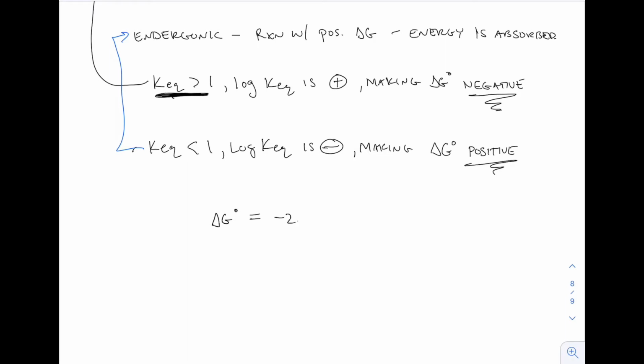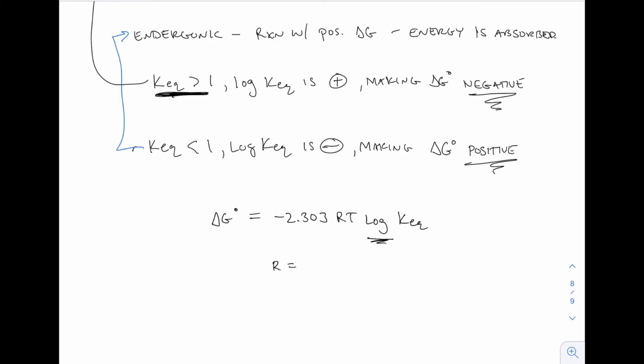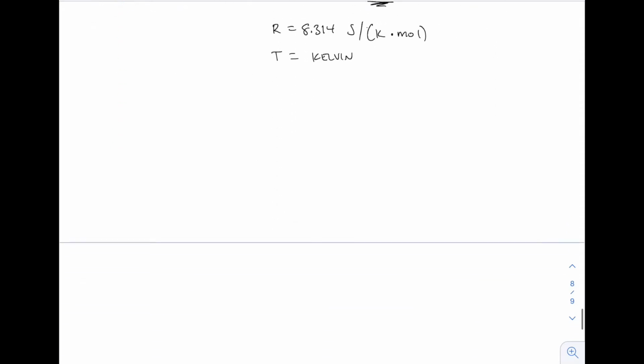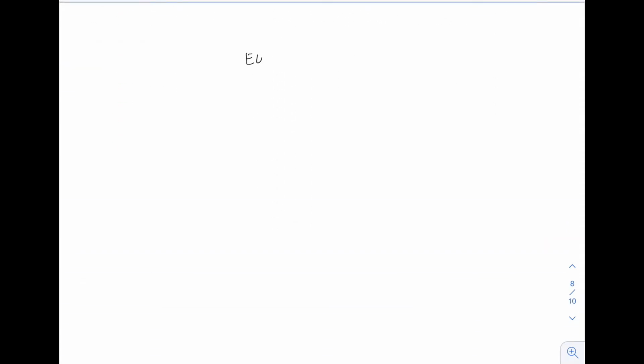Delta G is basically going to be equal to negative 2.303 RT log Keq. So that's where that log comes into play and what we mean by giving us a positive or negative value for G, right? R is a gas constant, 8.314 joules per mole Kelvin, and temperature T is in Kelvin, of course, as per usual.